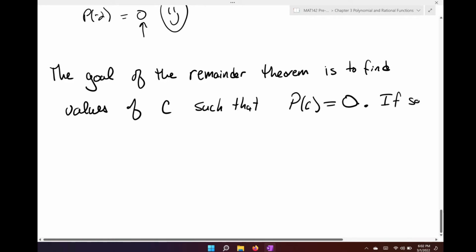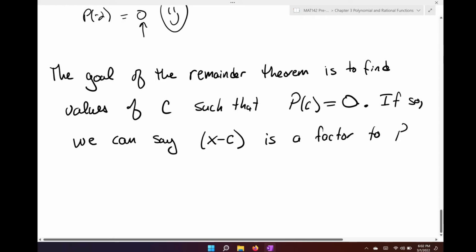If so, we can say x minus c is a factor of p of x. And that's what we're really looking at here.